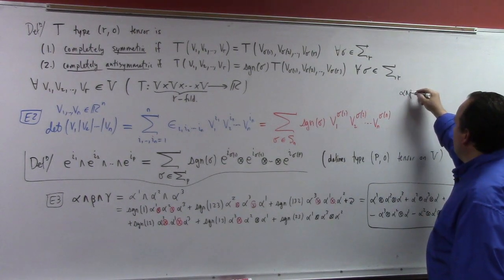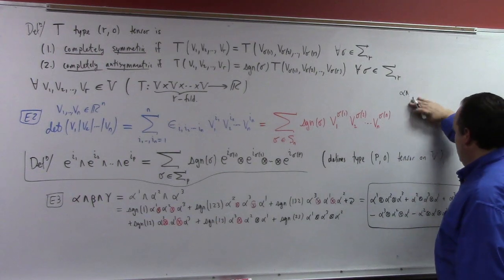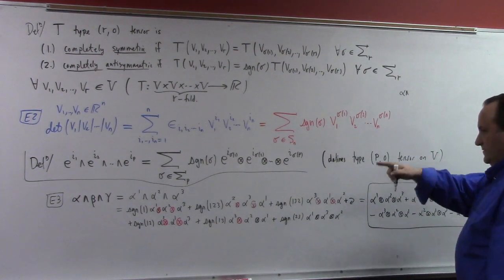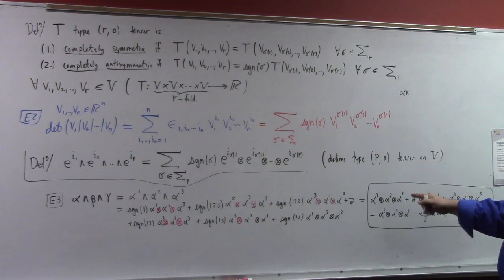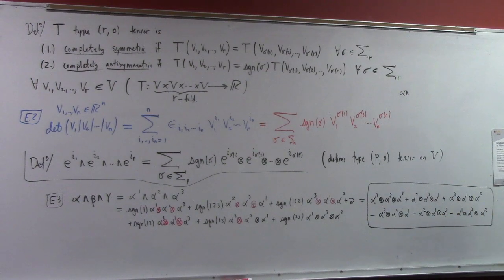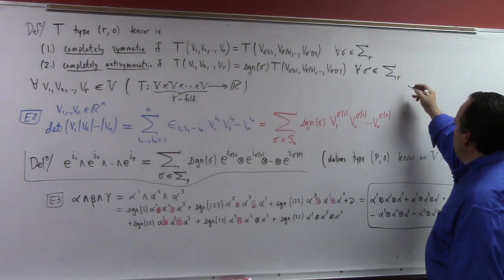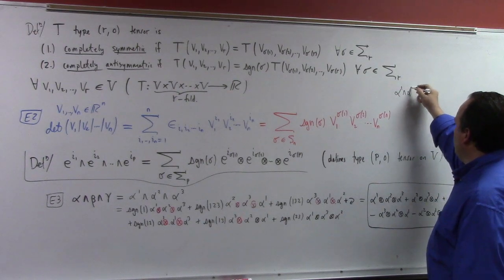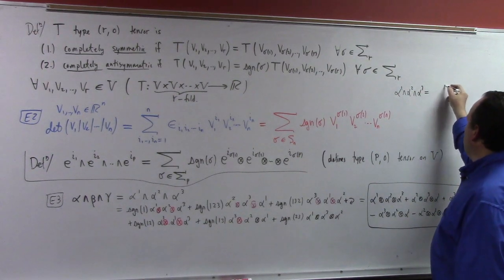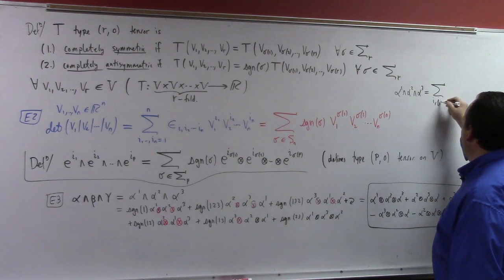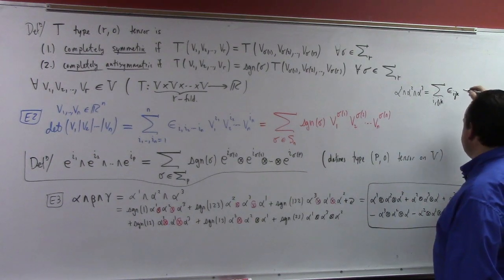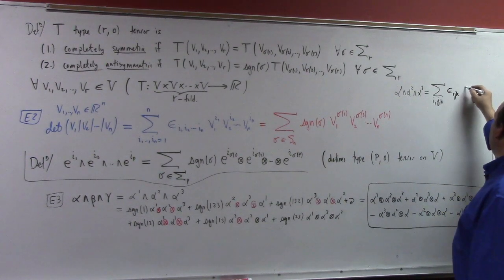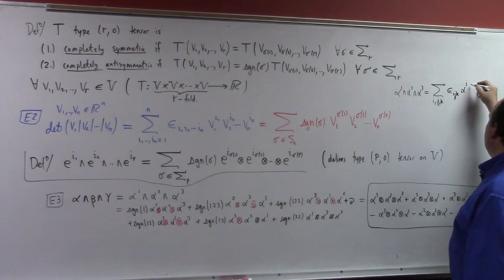Of course, to really go back, I should change my alpha 2 to beta and alpha 3 to gamma. But if I was to write a formula like this, say alpha 1 wedge alpha 2 wedge alpha 3, I could just write it as the sum over ijk of epsilon ijk of alpha i, alpha j, alpha k.